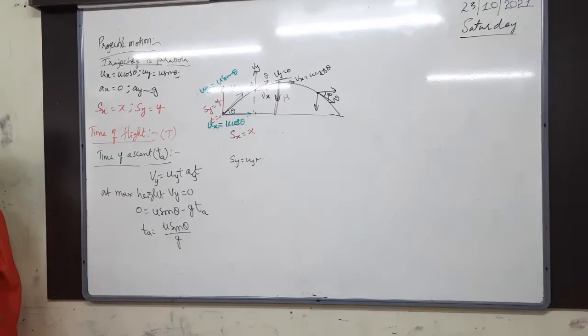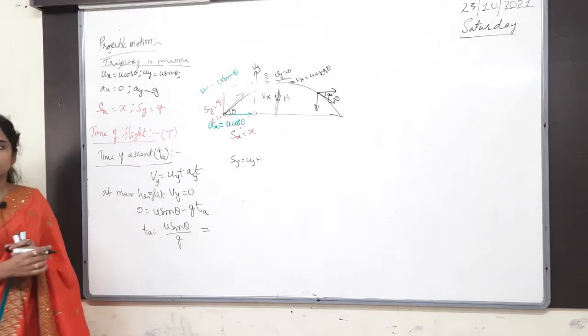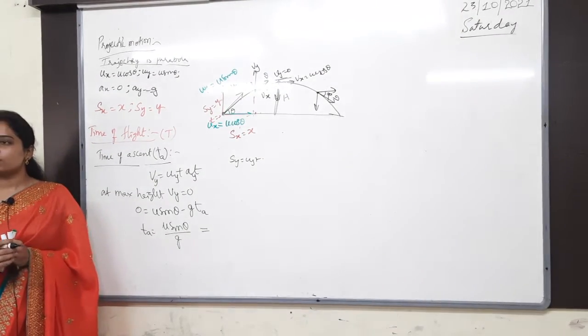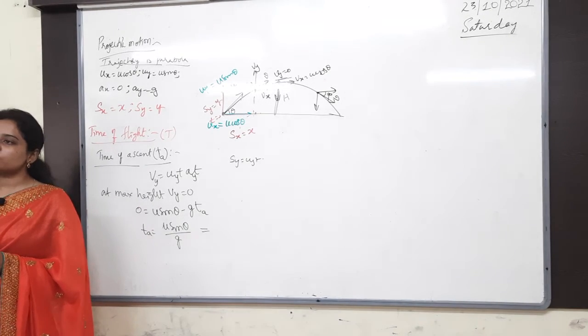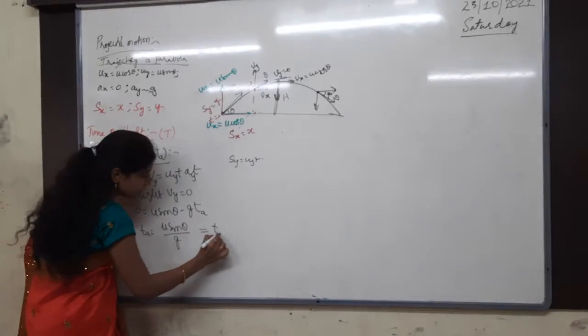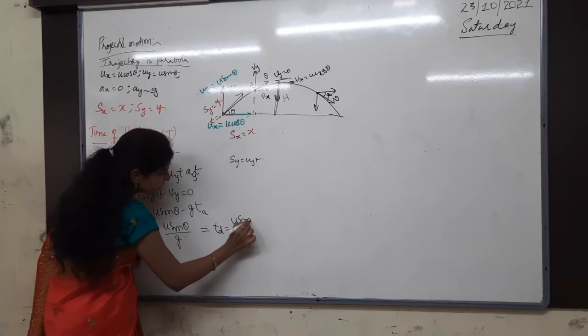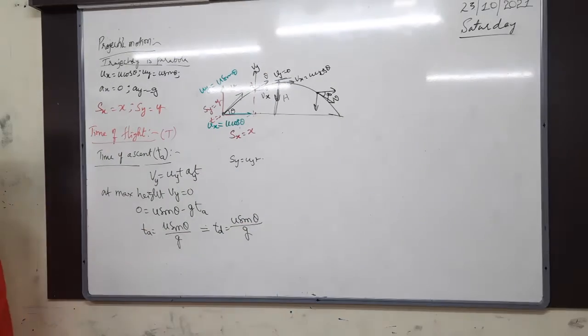If time of ascent is u sin theta by g, then time of descent is equal to how much? u sin theta by g only. Why? Because the time taken to go from the ground to maximum height is equal to maximum height to ground. So time of descent is also u sin theta by g. Then total time of flight.